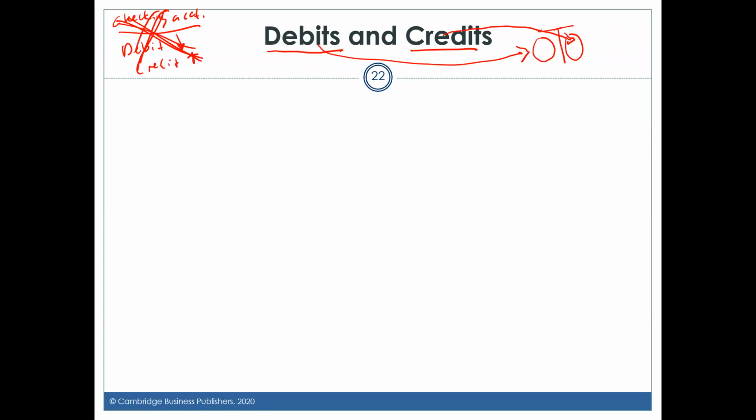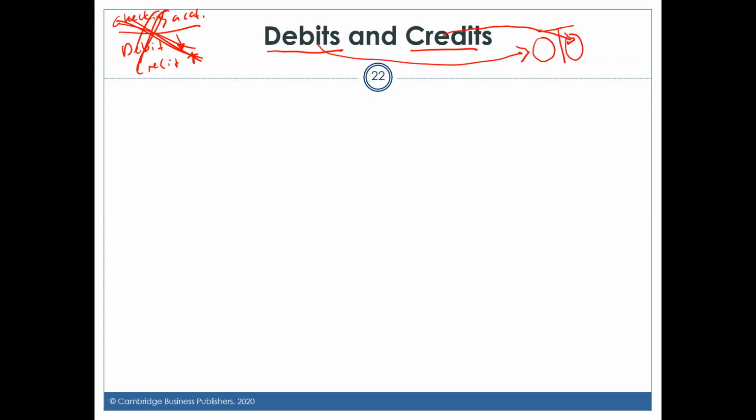Now, depending on what category of account that T account is, for some T accounts, entries on the left-hand side, aka debits, increase the account's balance. And for other accounts, debits decrease the balance. Same thing with credits. For some accounts, credits increase the balance, and for other accounts, credits decrease the balance.